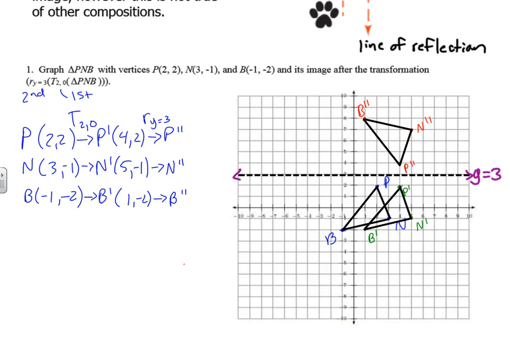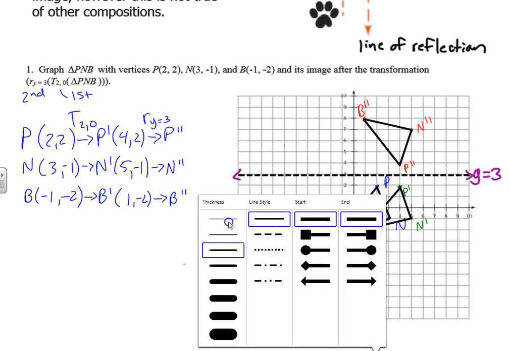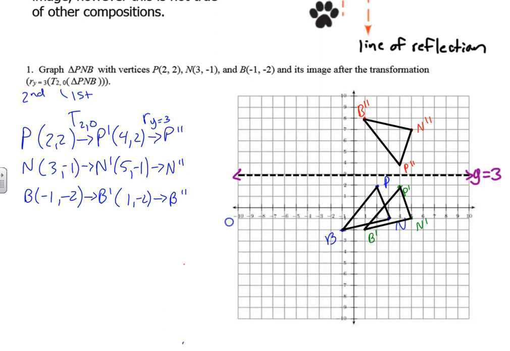Now I need to state what those coordinates are. One thing to note here: sometimes people forget where the origin is. When they draw these lines of reflection, they almost reset and make (0, 0) a different place. So always go back to your original origin. P double prime is 1, 2, 3, 4, so that's (4, 4).